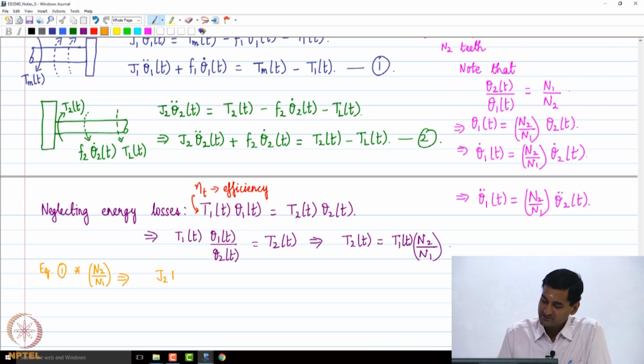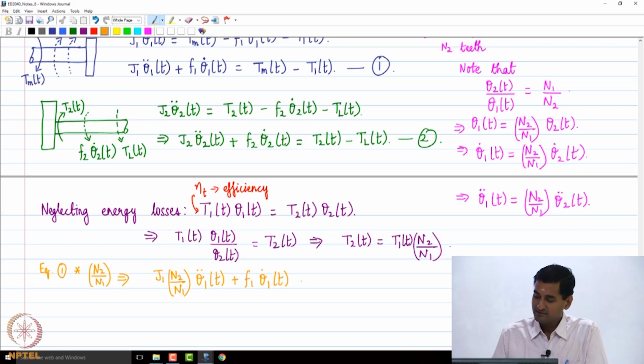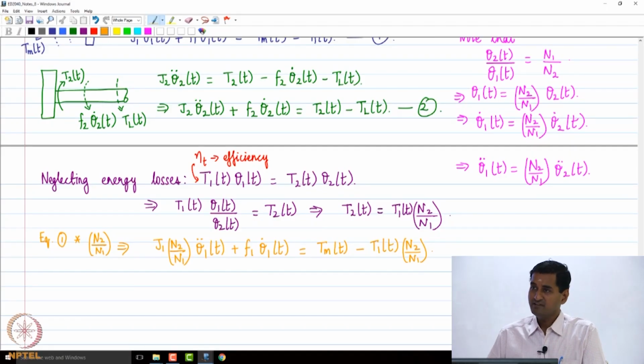I will get J1 times N2 by N1 theta 1 double dot t plus F1 theta 1 dot t, that's going to be equal to TMt minus T1t N2 by N1. That's what I will get once I multiply by N2 by N1 on both sides.